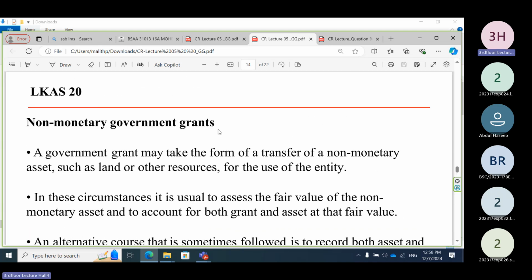What do you mean by this statement? Monetary asset and the account for both grant and asset. Grant and asset should be at fair value.